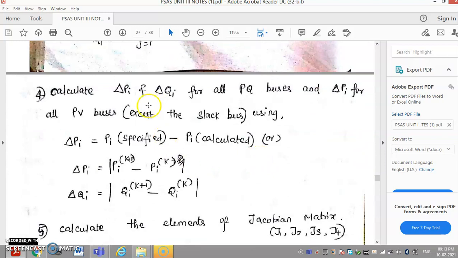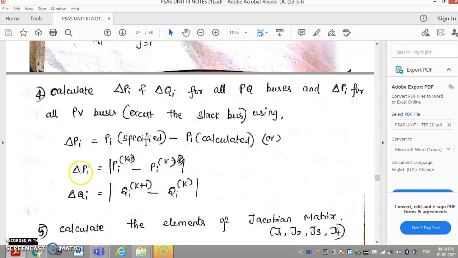Then calculate del Pi and del Qi for all PQ buses and del Pi for all PV buses, except the slack bus, using del Pi equal to Pi specified minus Pi calculated, or we can write it in another form as del Pi is equal to Pi power (k+1) minus Pi power k.